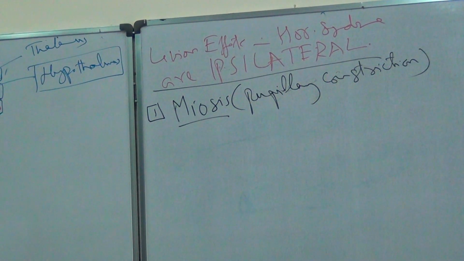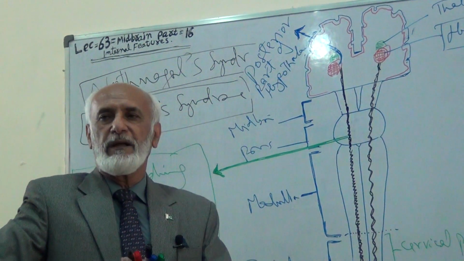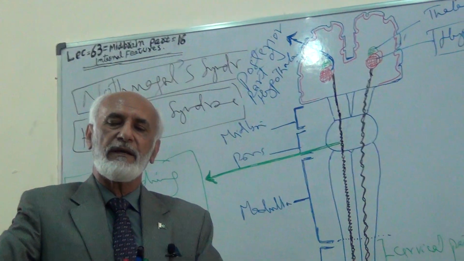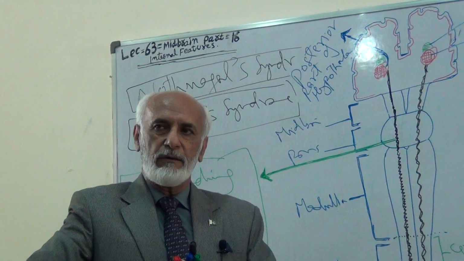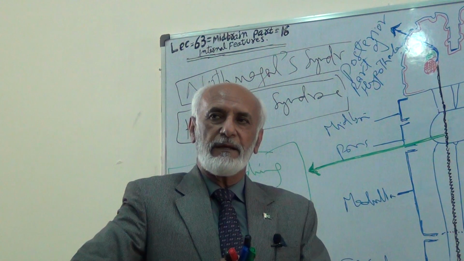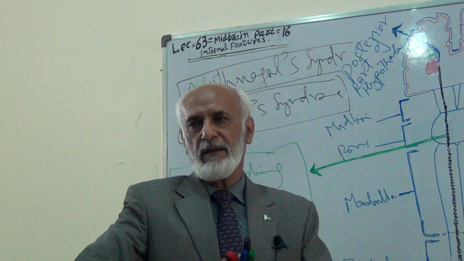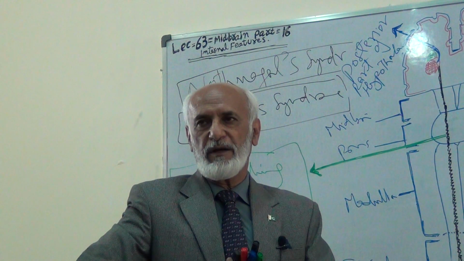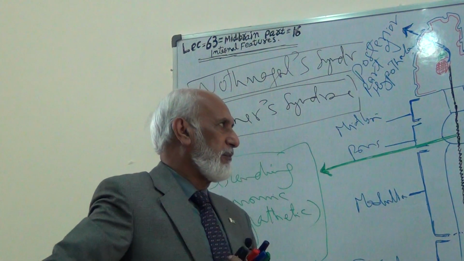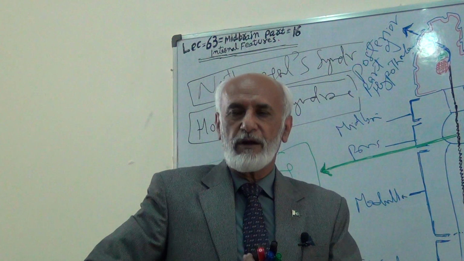You know, the iris has a dilator pupillae muscle and a constrictor pupillae muscle. The sympathetic nervous system innervates the dilator pupillae. So when the sympathetic nervous system is stimulated, the pupil will dilate, while the constrictor pupillae muscle is innervated by the parasympathetic nervous system. So in Horner syndrome, what happens?